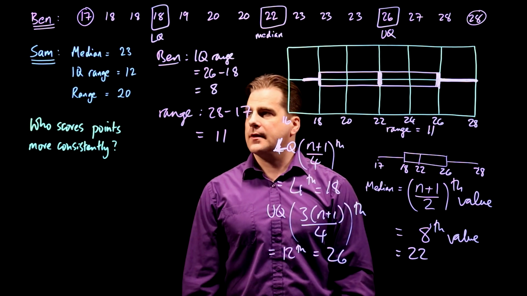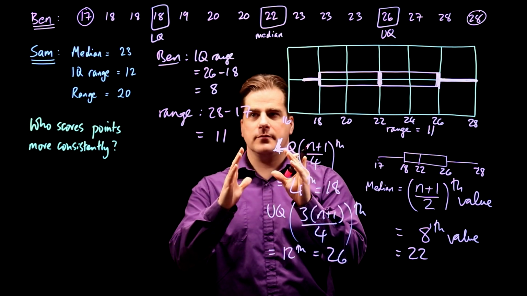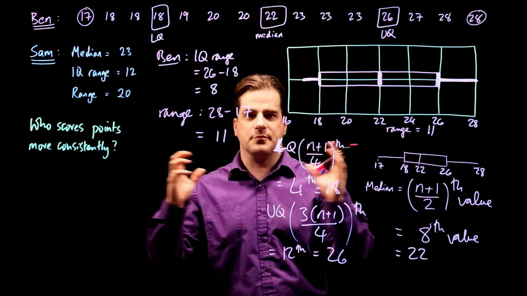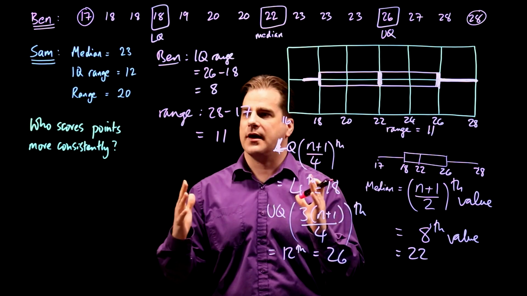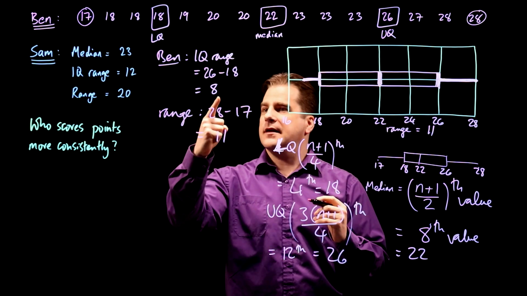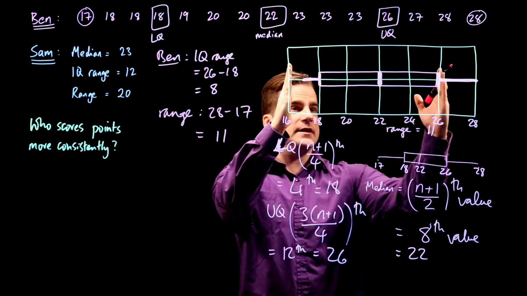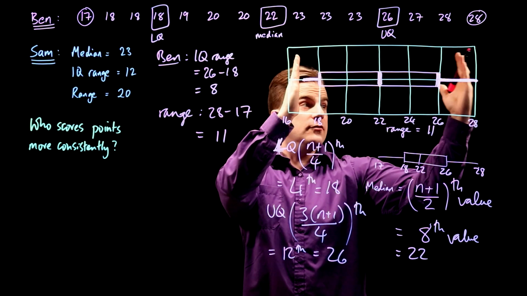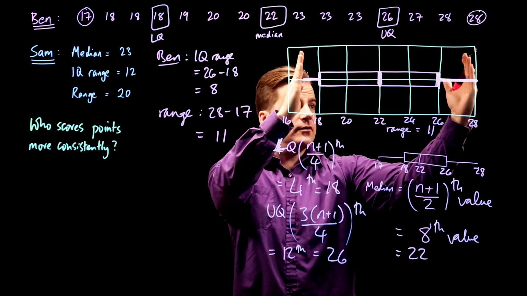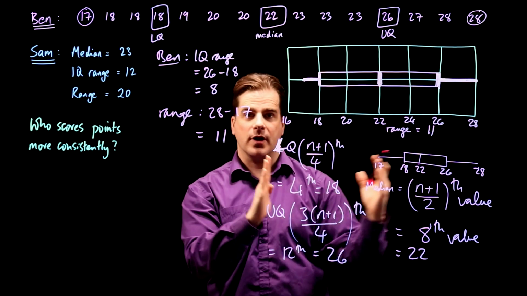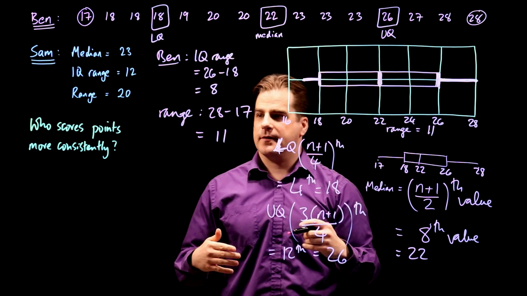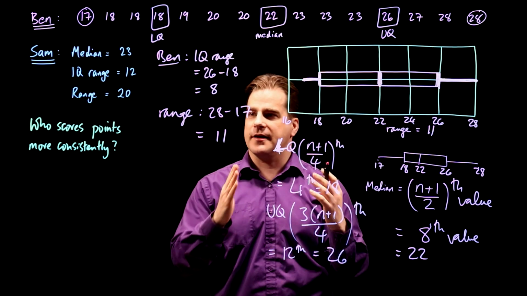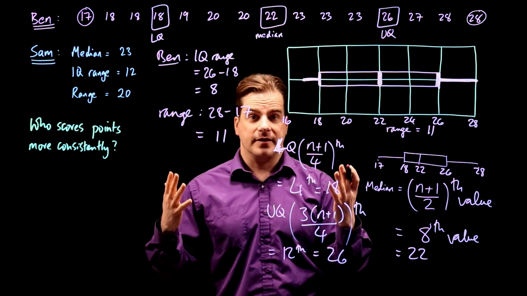So his scores are spread out more, if you like, okay? Ben, his interquartile range is smaller and the range of scores is also smaller. So there's less variation, if you like, in the way that Ben scores his points.